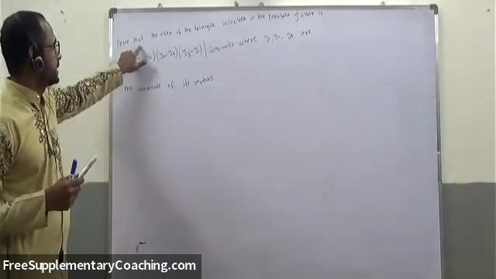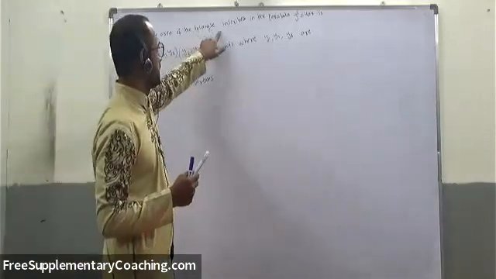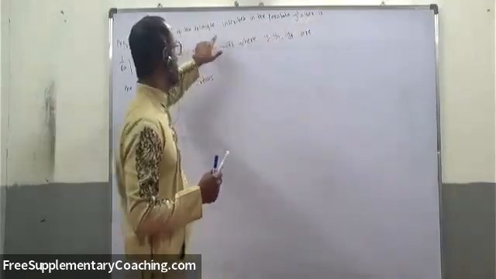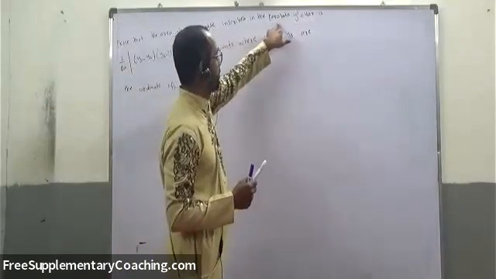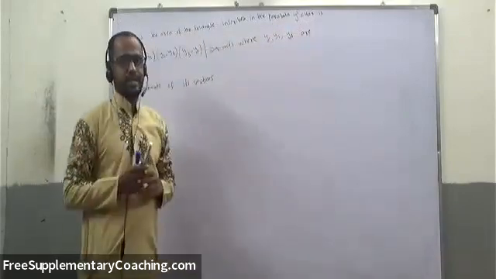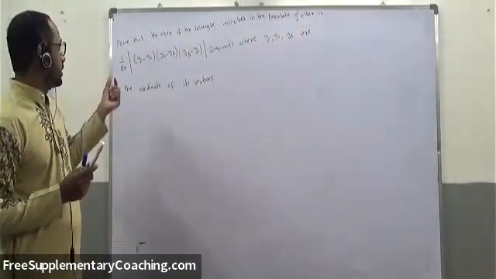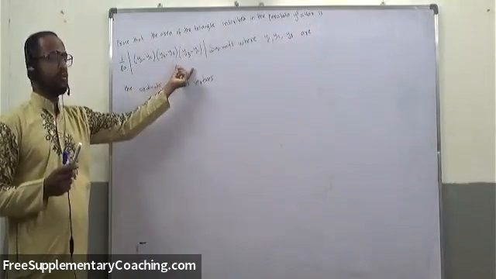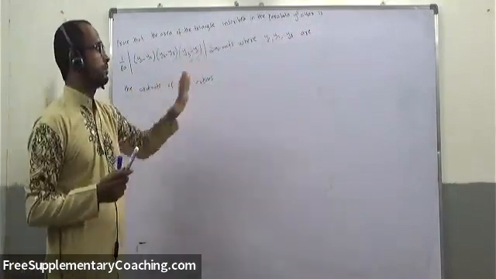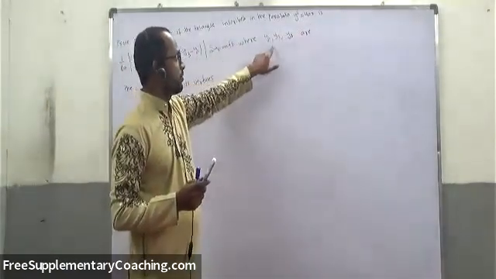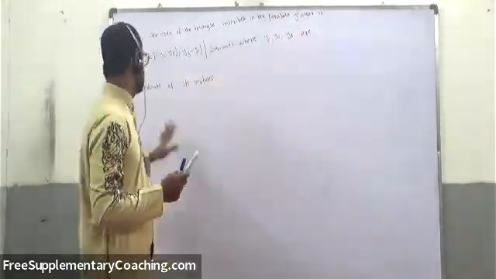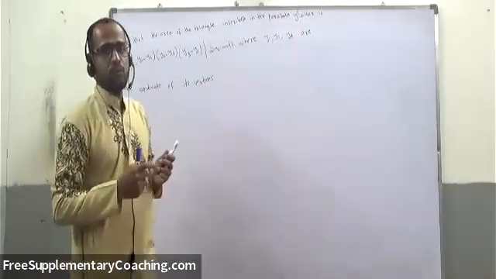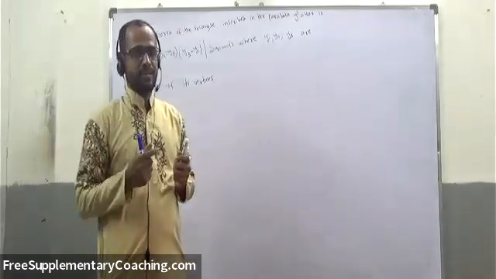Prove that the area of the triangle inscribed in the parabola y squared is equal to 4ax is 1 by 8a, y1 minus y2, y2 minus y3, y3 minus y1 under mod square units, where y1, y2, y3 are the ordinates of its vertices. Ordinate means the value of y-axis, the position of y-axis.